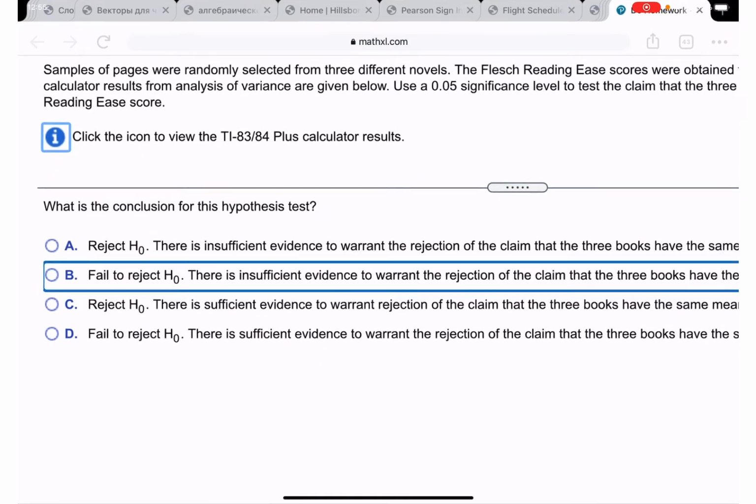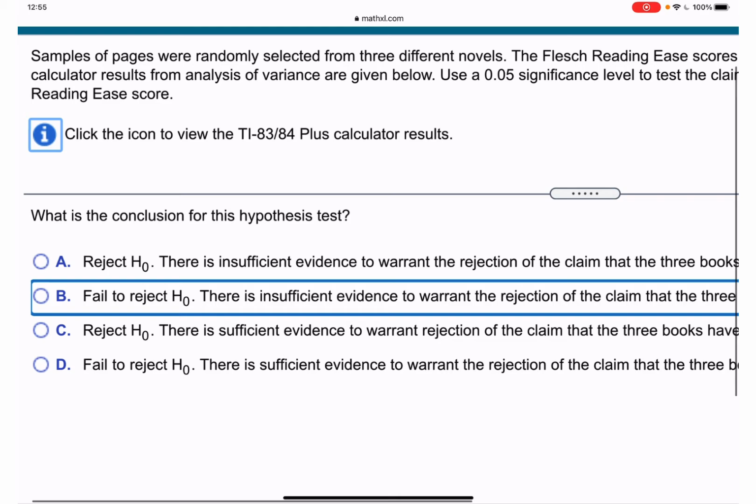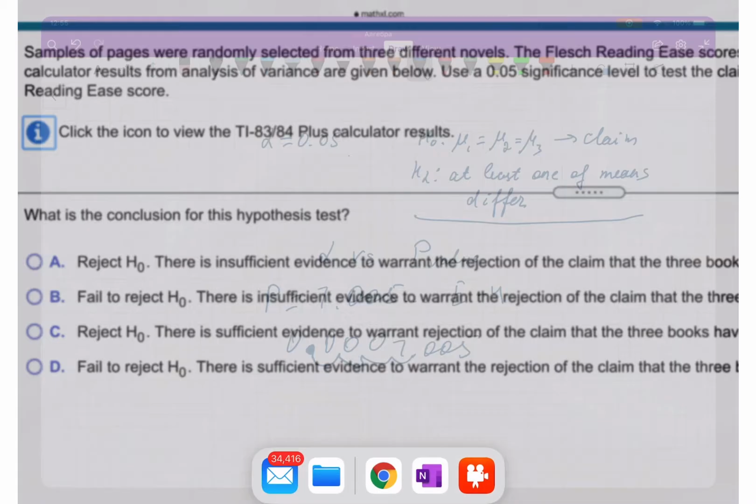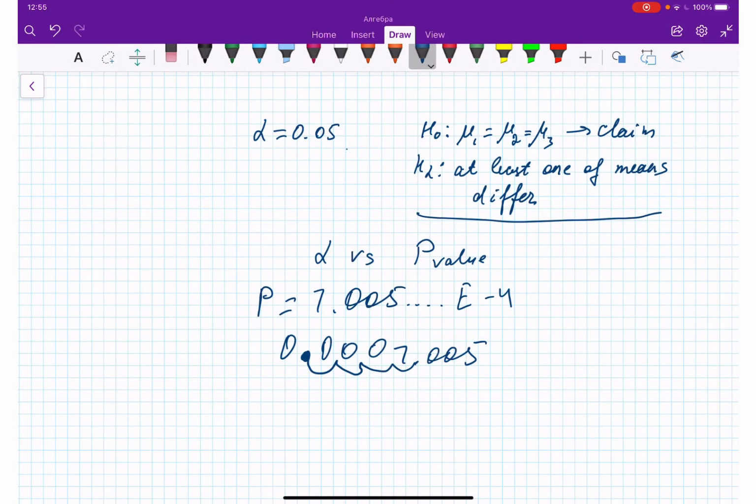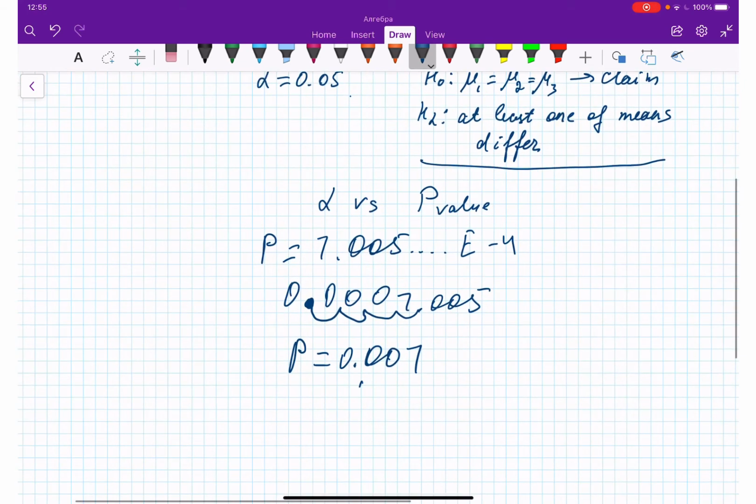Oh, we need to draw a conclusion. Okay, well then we will do it this way. We will get 4 decimals. So I will write down p is equal to 0.0007.